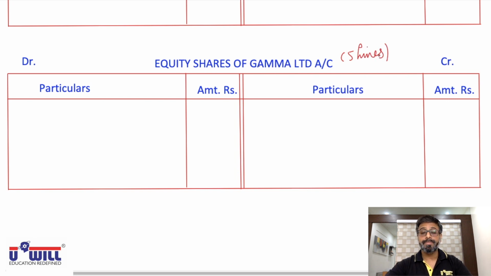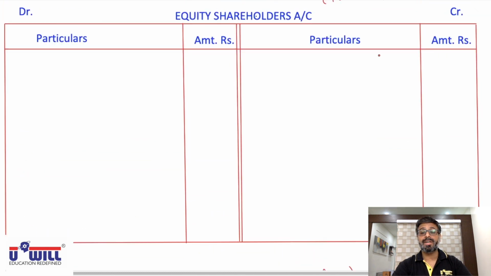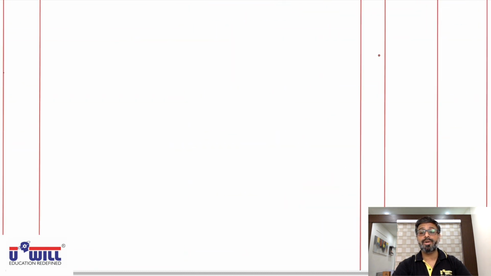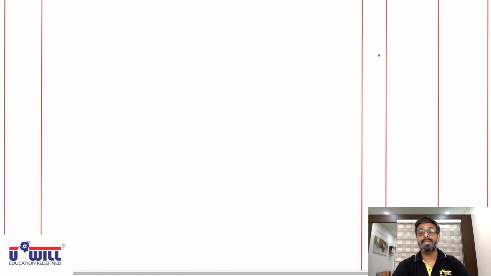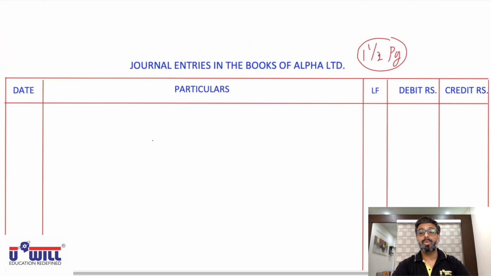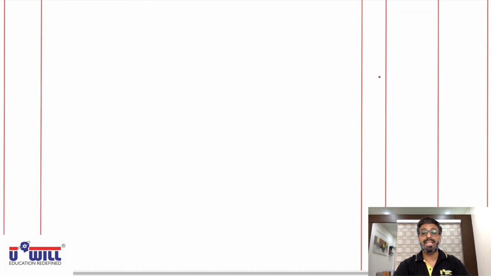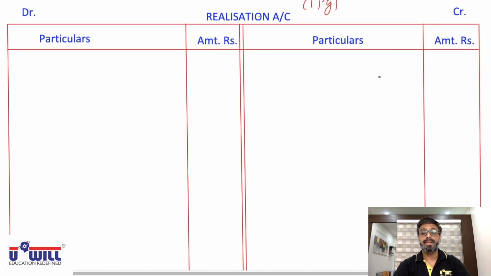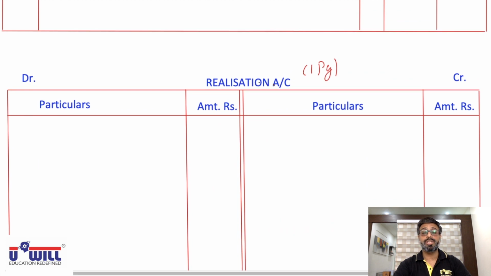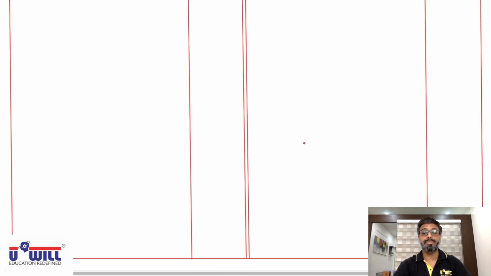I repeat it. You do this for Alpha Limited first, then you pause the video and you'll do it on your own for Beta Limited. Okay. So what all things you'll make in the books of Alpha Limited? Journal entries in the books of Alpha Limited 1.5 page. Which all ledger accounts are required? Realization account is to be opened, so one page of realization account.